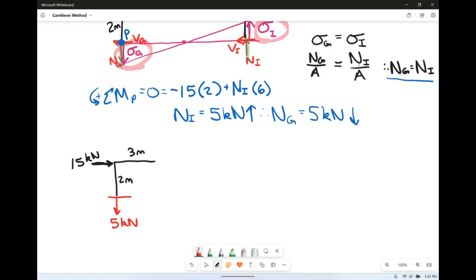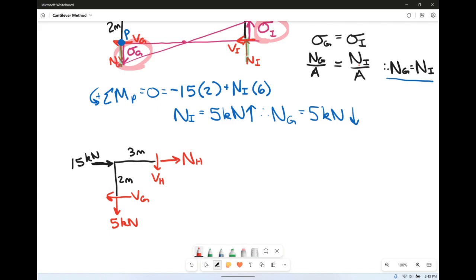We also have shear at G. Then this spot here at the top that we cut into is H technically. So we're going to have shear at H, and we're also going to have normal at H. So at this point, the way to solve the problem is very, very similar to the portal method.